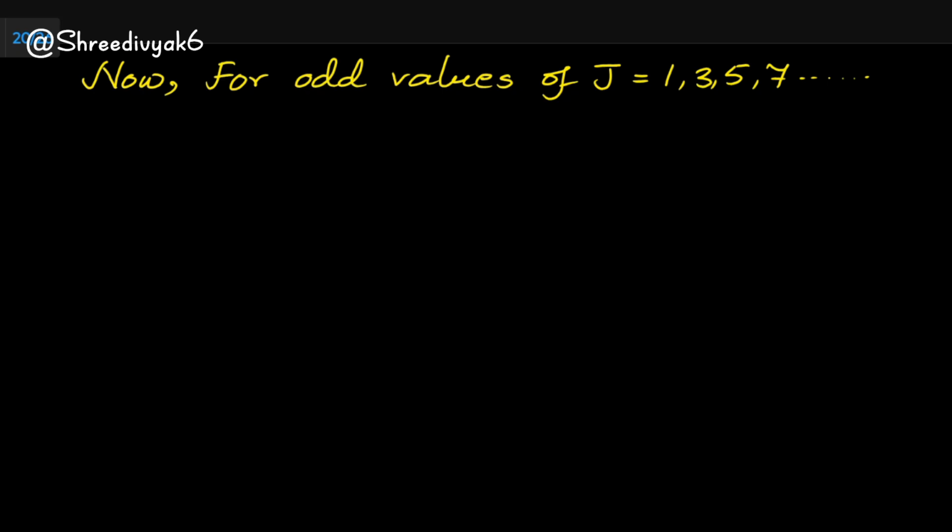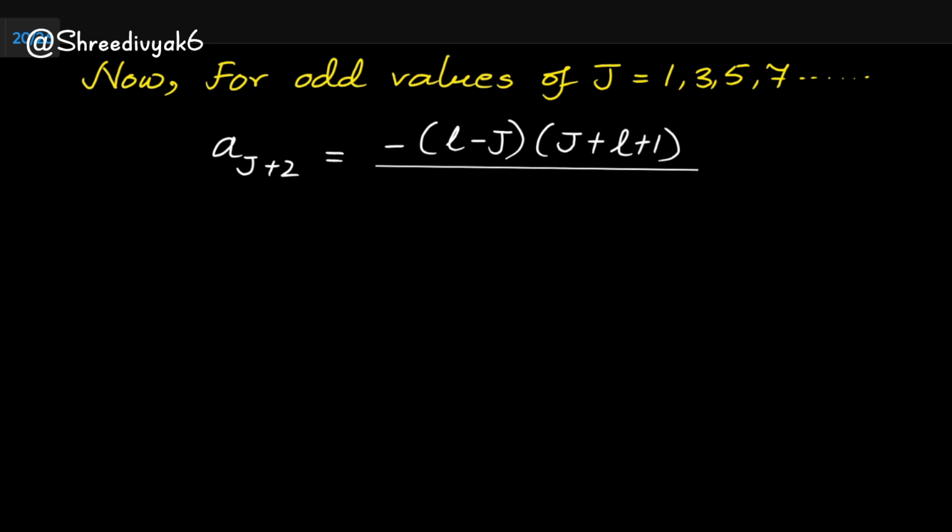The recursion relation was aj plus 2 is equal to minus L minus j into j plus L plus 1, divided by j plus 2 into j plus 1, into aj.